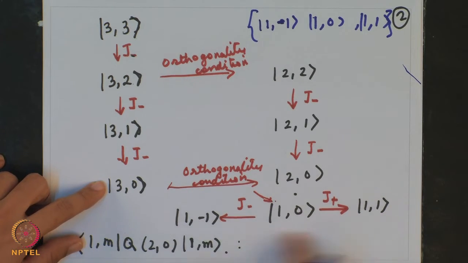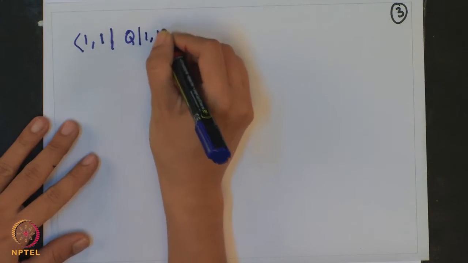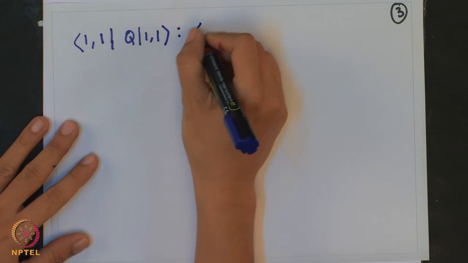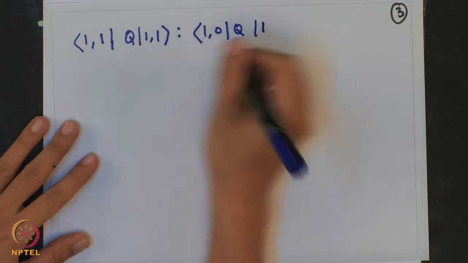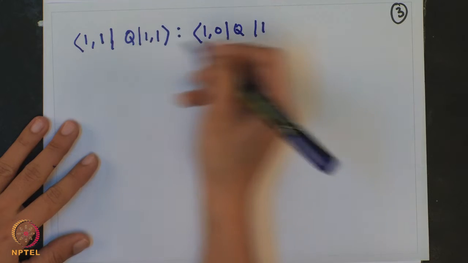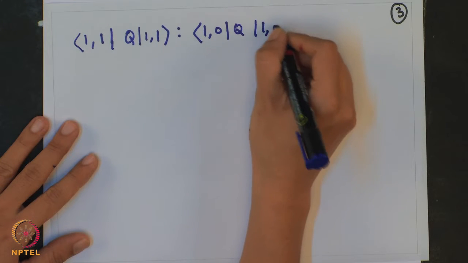So, this is your final end product that is required. So, the ratio that we want to calculate is 1 1 is to 1 0. I am dropping this q 2 comma 0 term because of space issue.